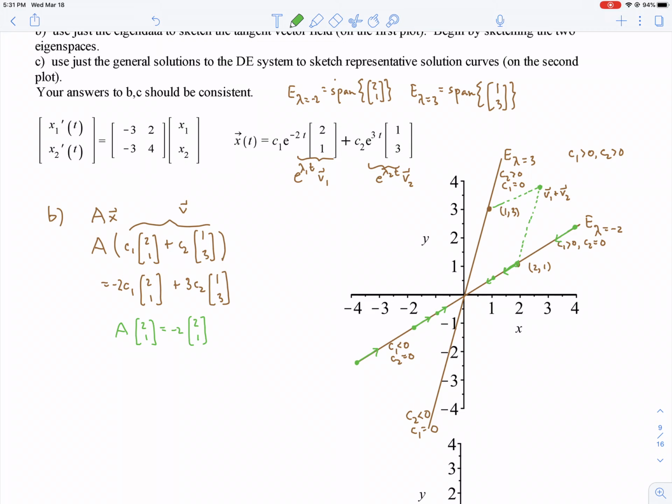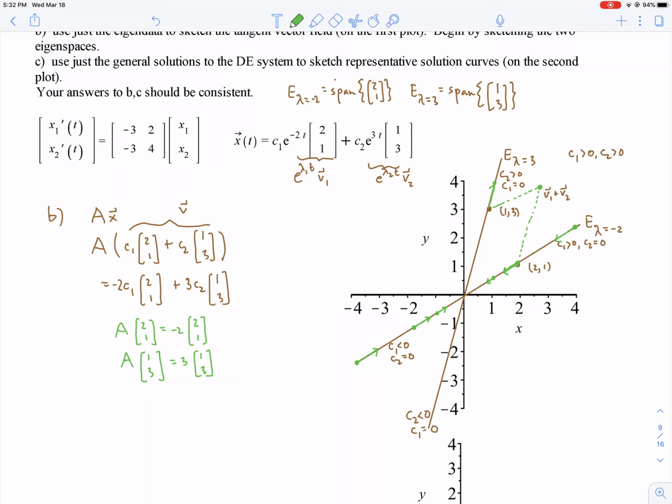Okay, now let's do it along the lambda equals 3 eigenspace. So A of (1, 3) is 3 times (1, 3). So at the point (1, 3), I will have a longer tangent vector than I did at (2, 1).